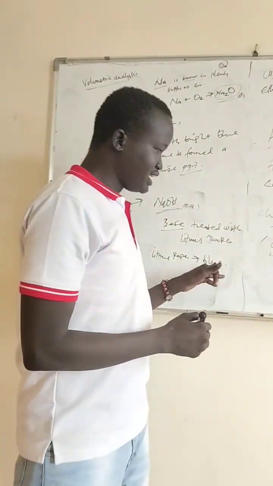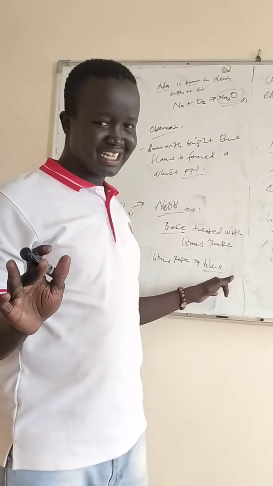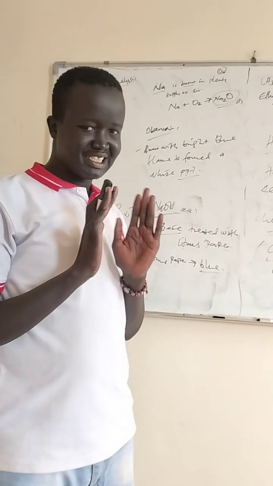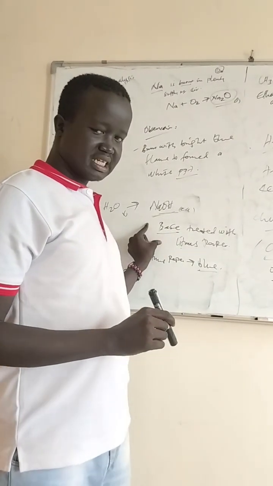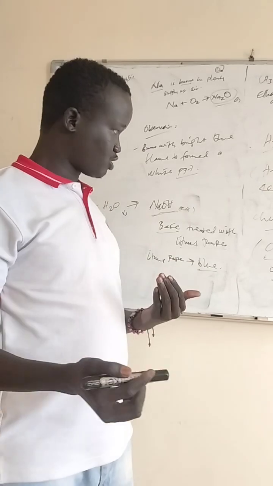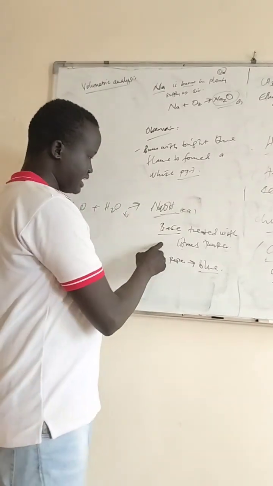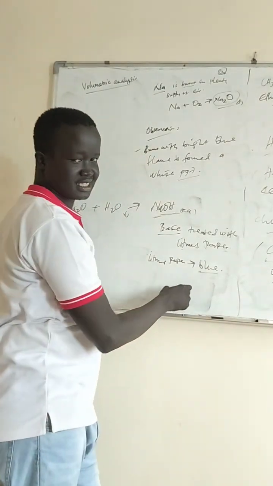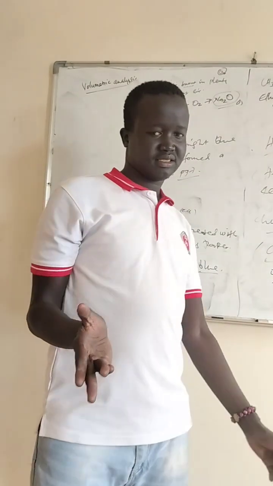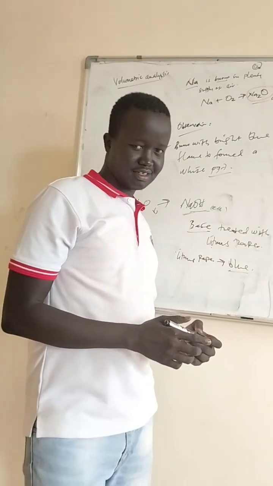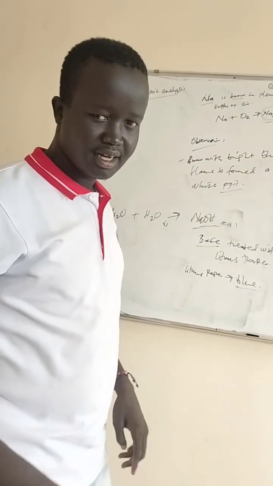But when the litmus paper is blue, there is no observable color change. That is for the case of the base. Now when we talk about acid later on, we find that the acid will turn the litmus paper from blue to red.